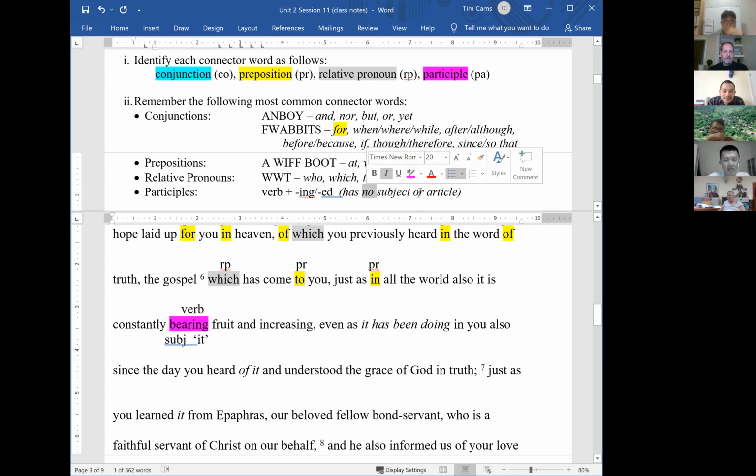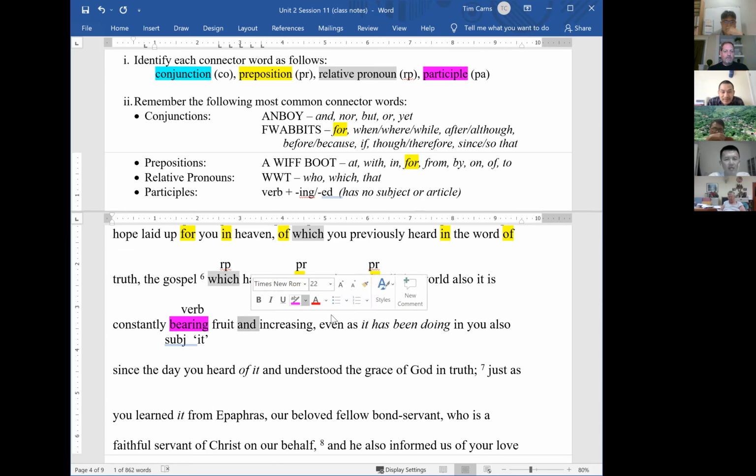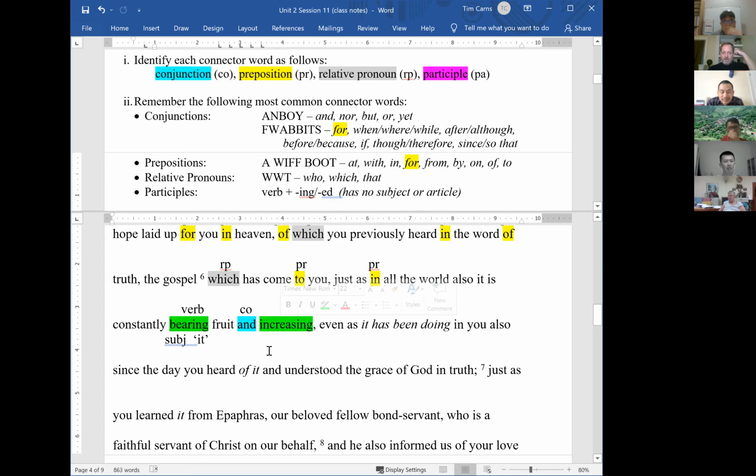And, what is that? Conjunction. Good. And then we have the same thing with increasing, right? It's a verb also. So I'm going to put these tricky ones in green just to note that it looks like a participle, but here it's actually not a connector word.